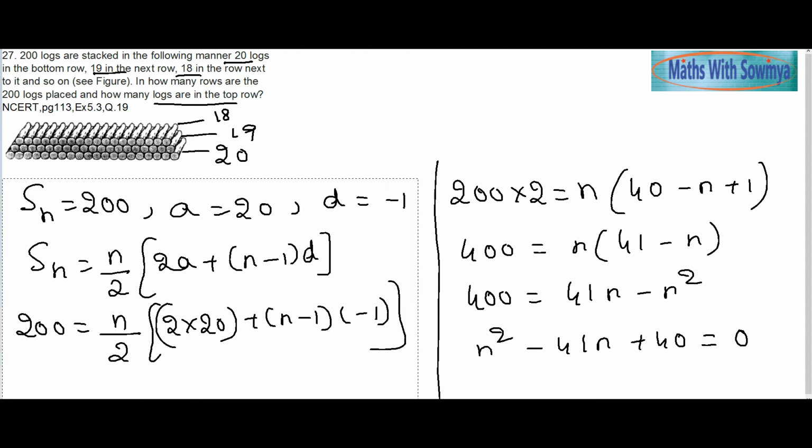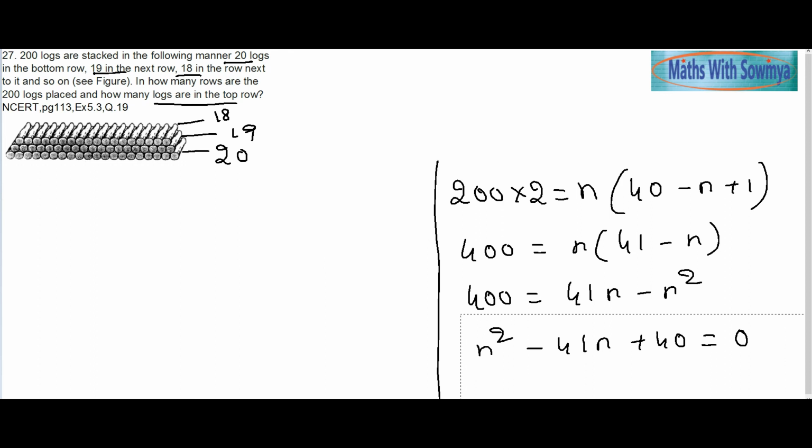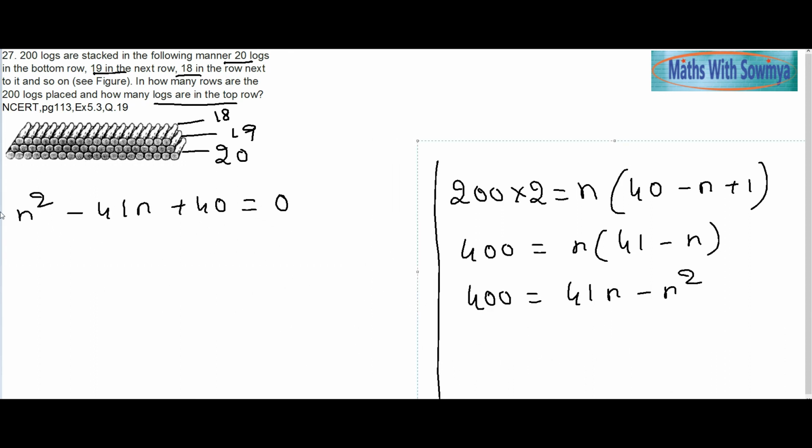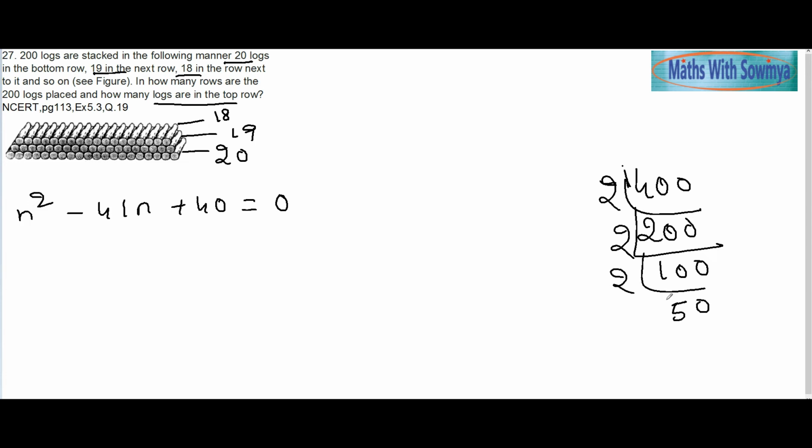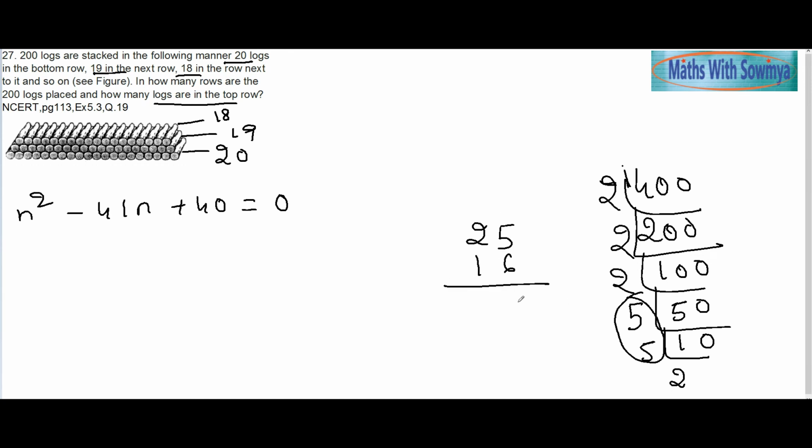Now we will solve this quadratic equation using factorization of 400. If I take 5, 5 fives are 25, 2 I am left, 2 twos are 4, 4 twos are 8, 8 twos are 16. If I add them, I get 41. We want negative, so I'll put negative for both of them.